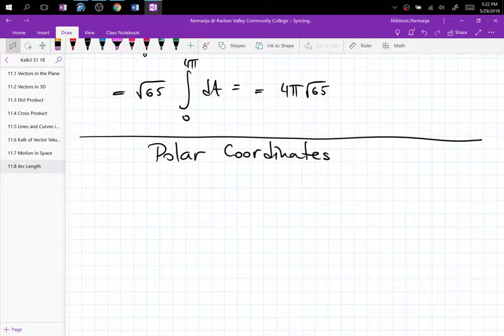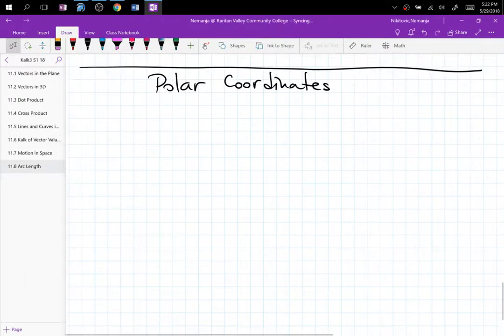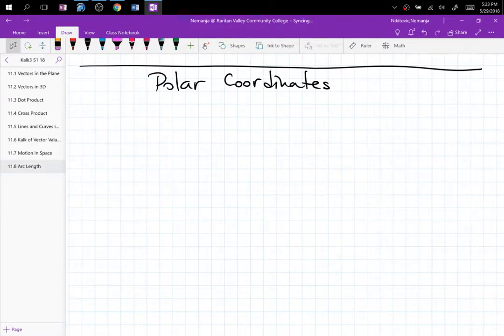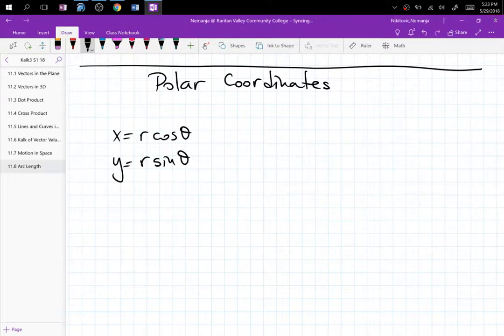So it's again algebraic manipulation for most of the way. Let's take a look first at the ingredients that we need. So x is given as r cosine theta, and y is given as r sine theta, and that's the conversion factor between the two realms.